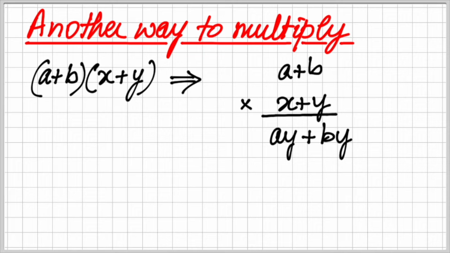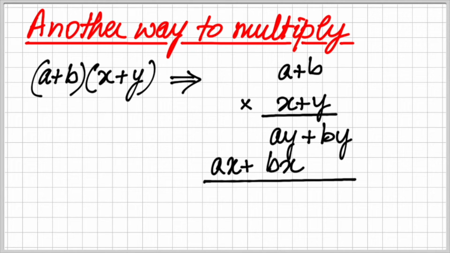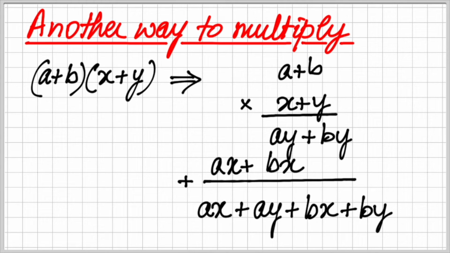So basically we multiply y with a and b, so we have ay plus by. And now we multiply with x, so we have ax plus bx. We make the addition and we find ax plus ay plus bx plus by. That's a different way to do the calculation. You can use whatever method you like. Some people like the first method, some people like this method.